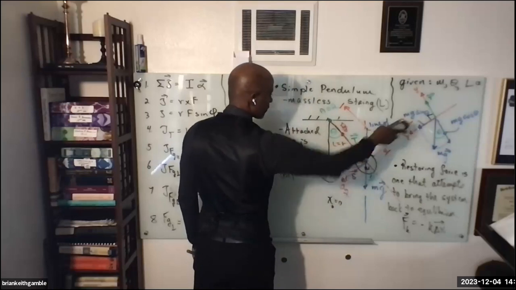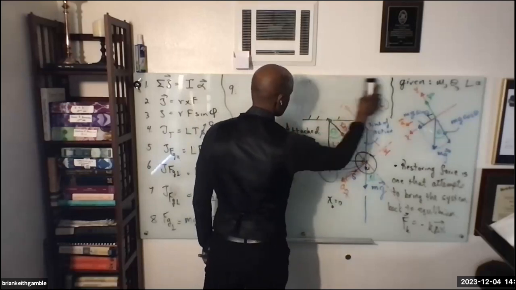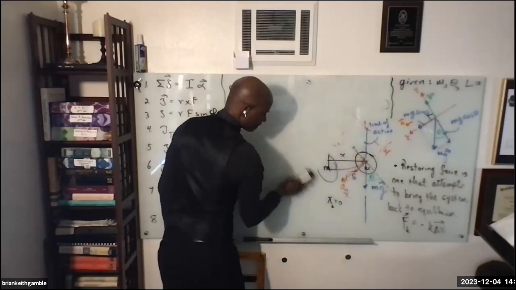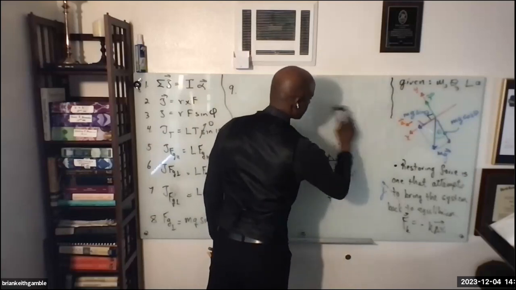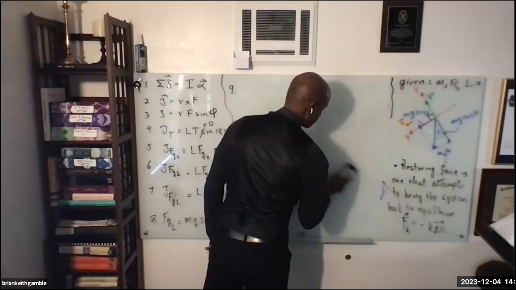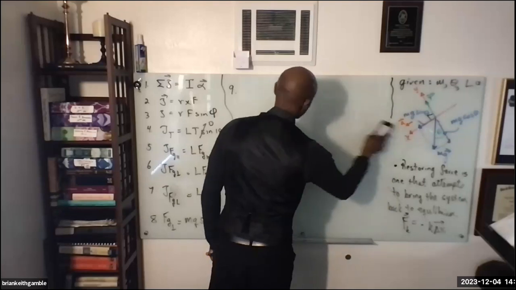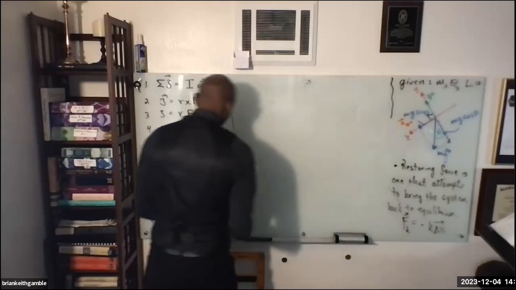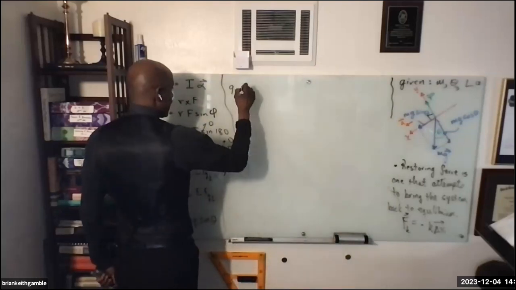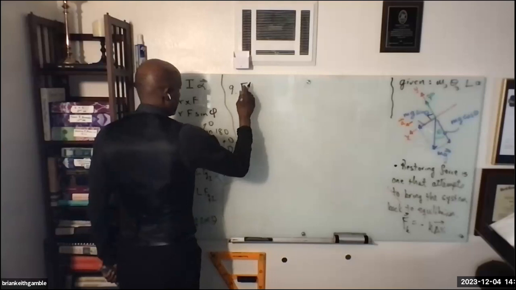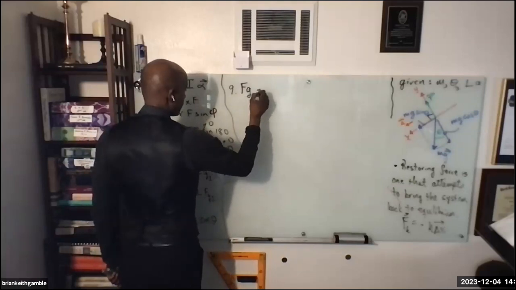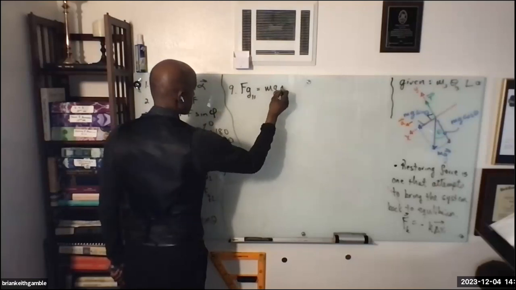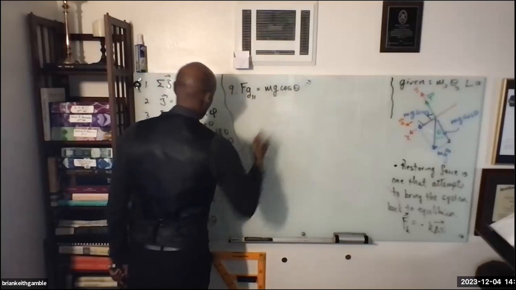I don't think we need this so much since we got the free body. FG parallel is mg cosine of theta.